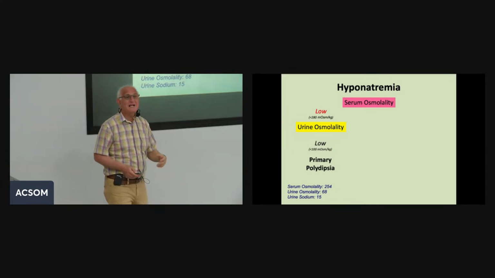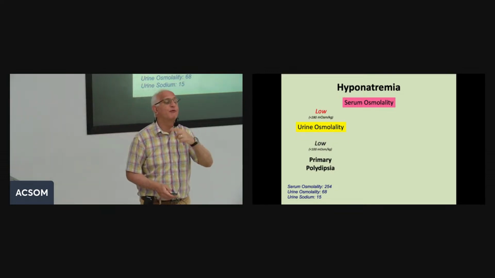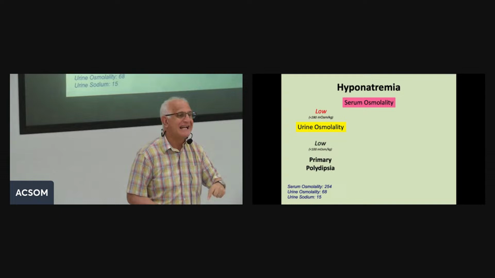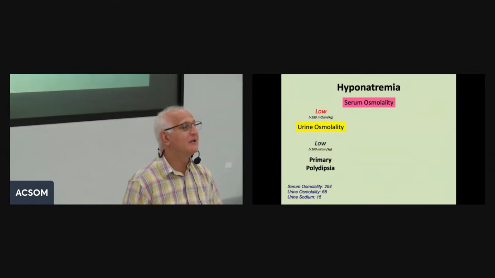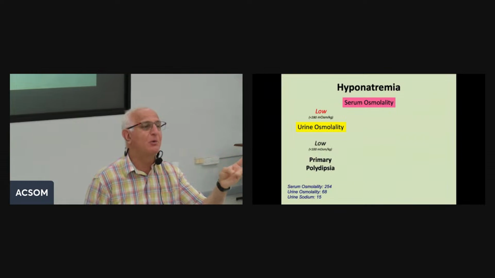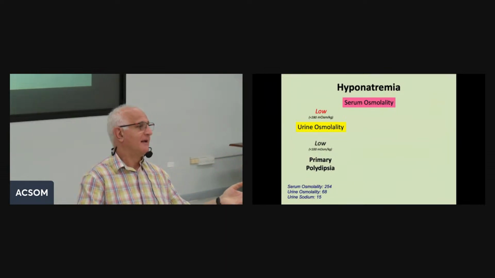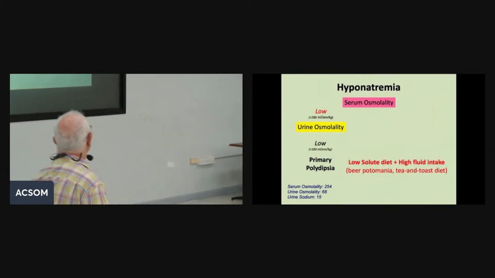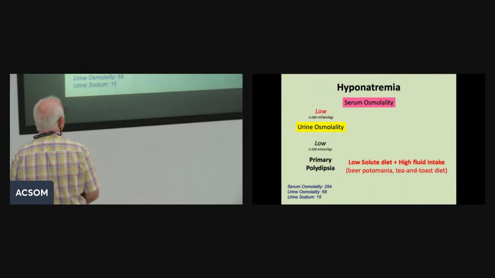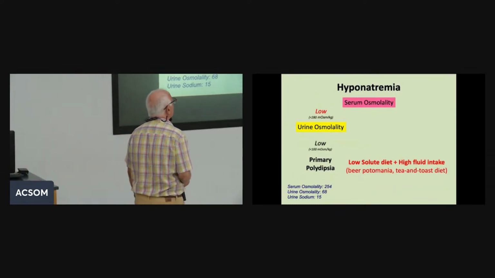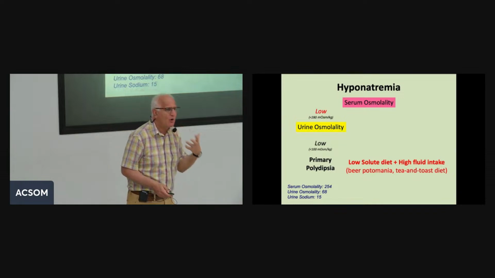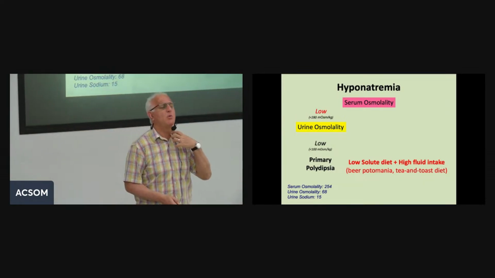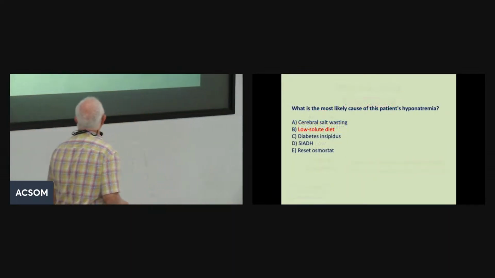This is a lady who has taken more water, more electrolyte-free fluid, than osmoles. And it tells you 1 week later, they started to get pineapple toast water. Right? Excellent. Low solute diet, high fluid intake, beer potomania, tea and toast diet. You can call it any name that you want. But the point is, you take a lot of water, not a lot of osmoles.